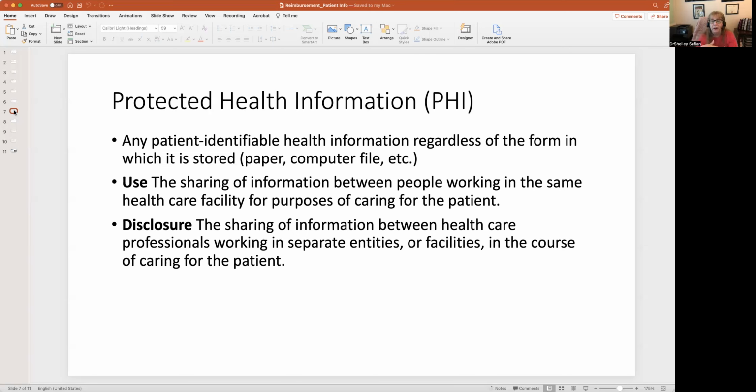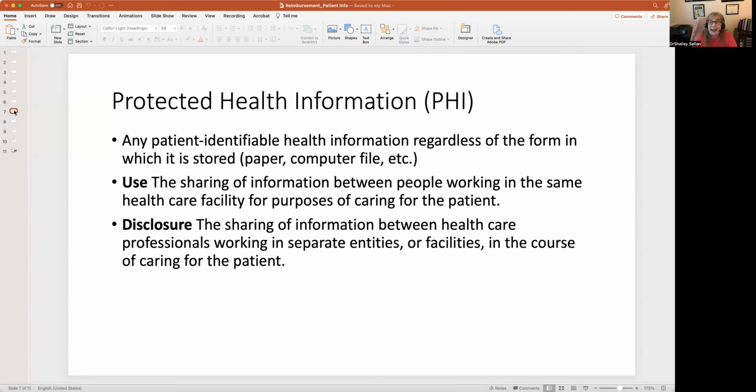Disclosure is sharing information about a particular patient with other places. Do we do this? Yes. When the physician writes an order for the patient to go get blood work somewhere else, to the lab, there's an order printed out. And you know what's on that order? Protected patient information. You know why?